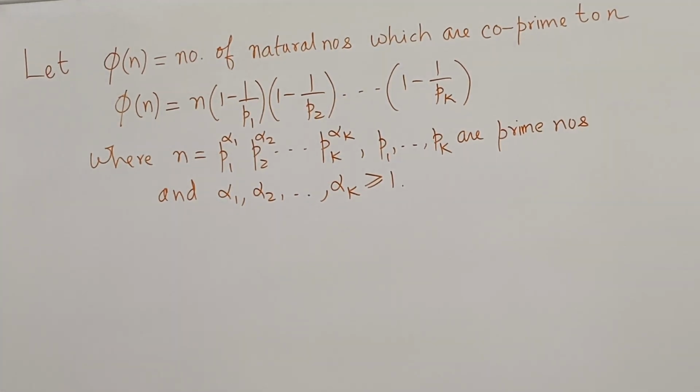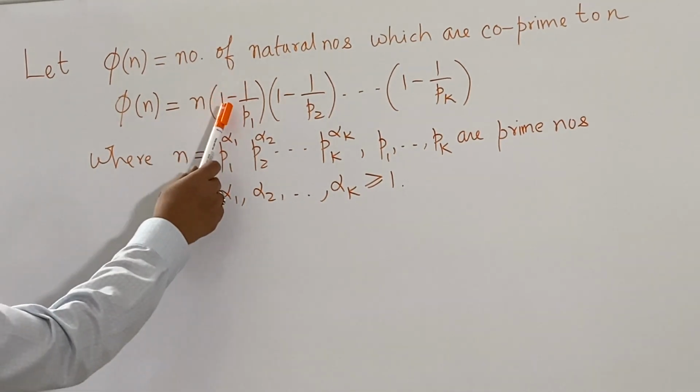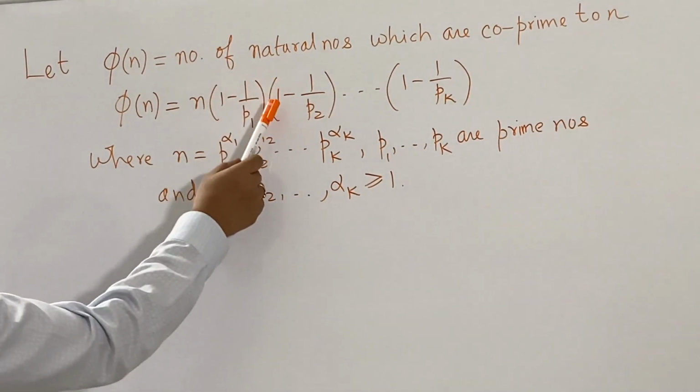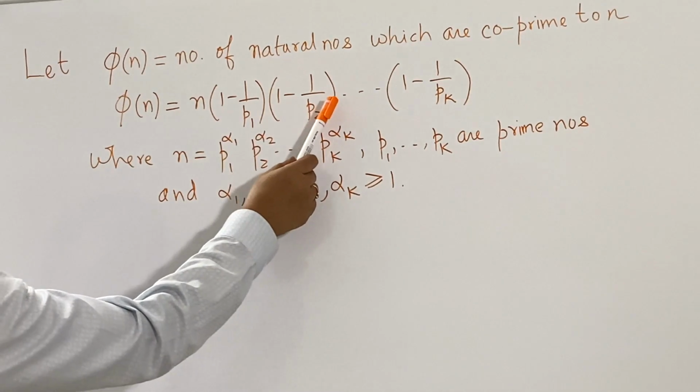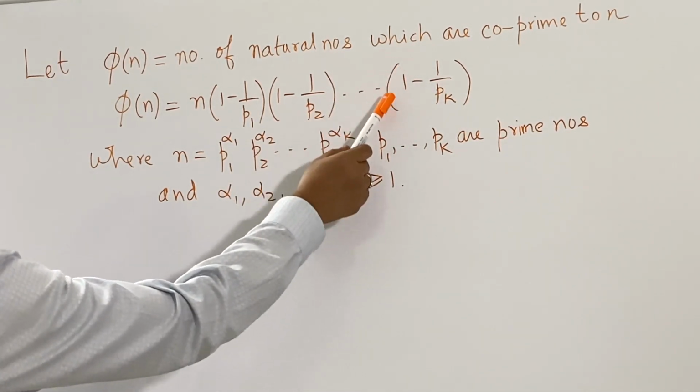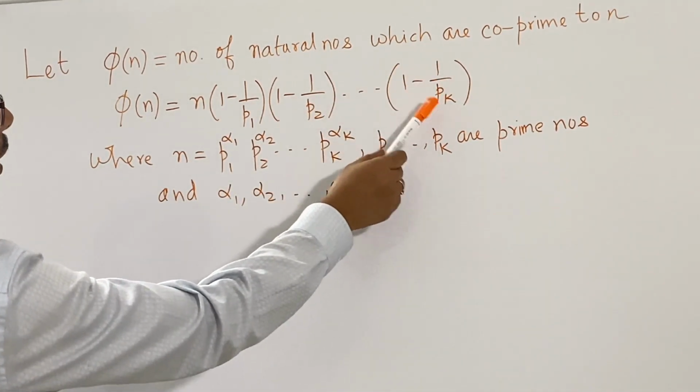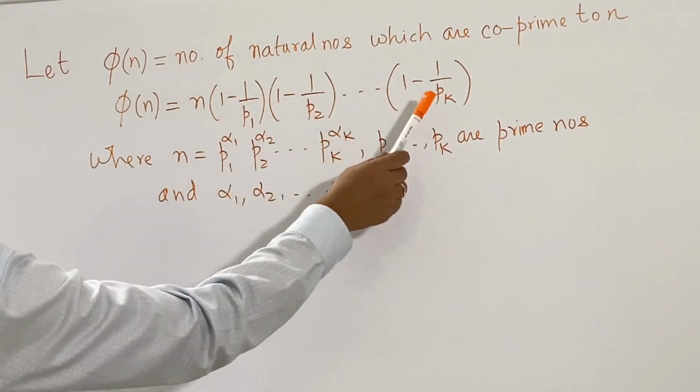Euler's totient function phi n is equal to n into 1 minus 1 by p1, into 1 minus 1 by p2, etc., into 1 minus 1 by pk. Now what are these p1, p2, pk?